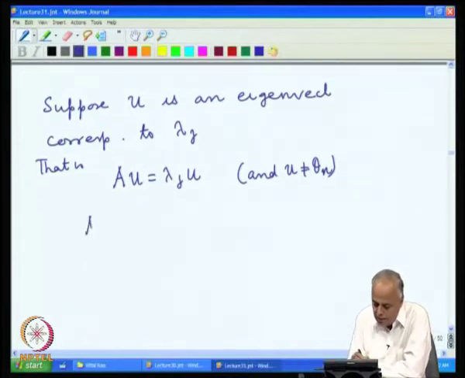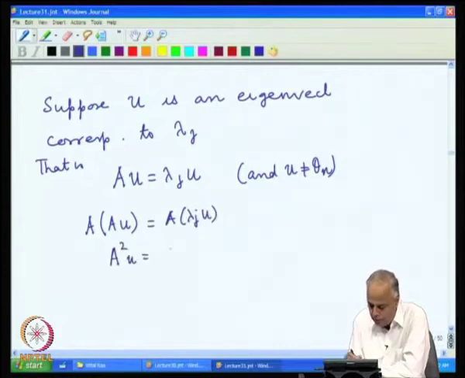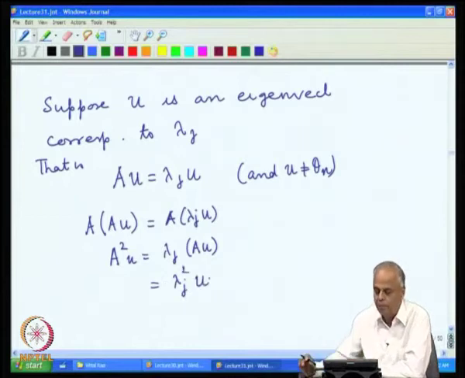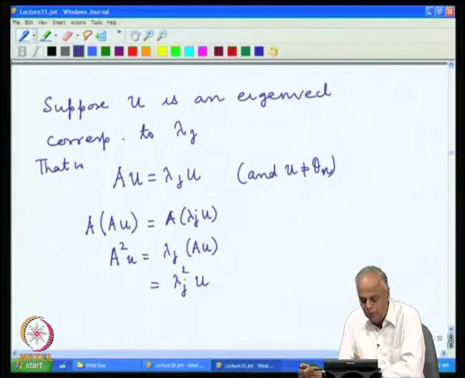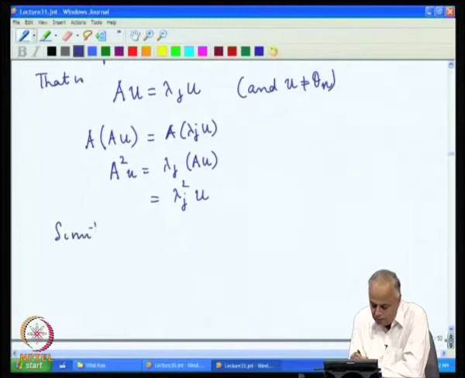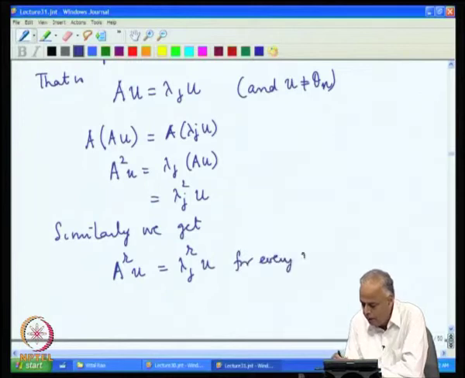If that is the case, multiplying both sides by A, we get A of lambda j u, that is A squared u is lambda j into A u, but A u is lambda j u. So, lambda j squared. So, A u is lambda j u, A squared u is lambda j squared u, and similarly recursively we get for any power r, A power r u is lambda j power r u for every non-negative integer.